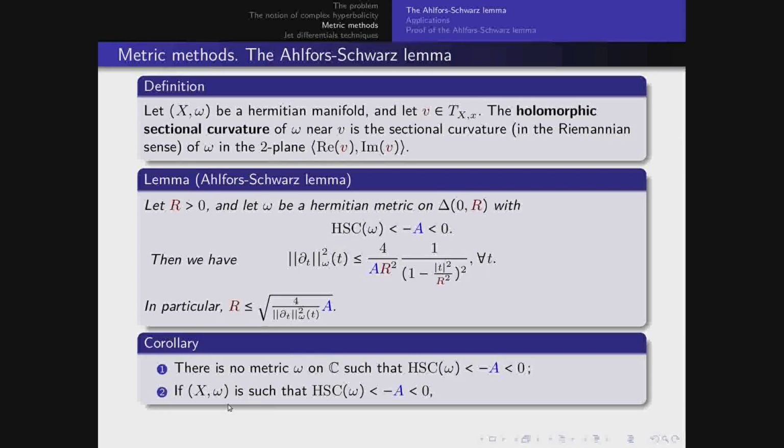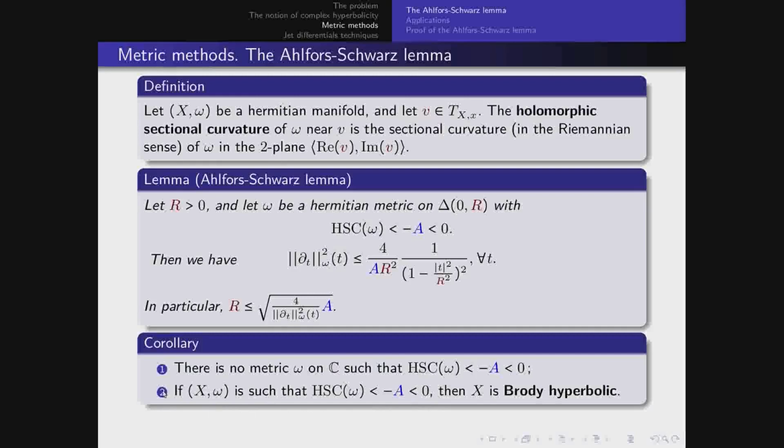And now, if you have a complex manifold with a Hermitian metric with holomorphic sectional curvature bounded from above by a negative constant minus a, the first part of the corollary implies rather easily that there are no entire curves inside X. So X will be Brody hyperbolic.